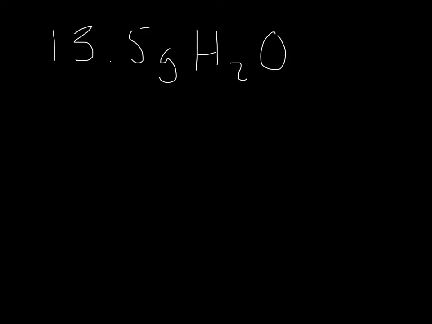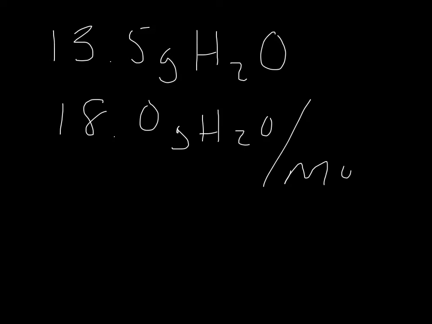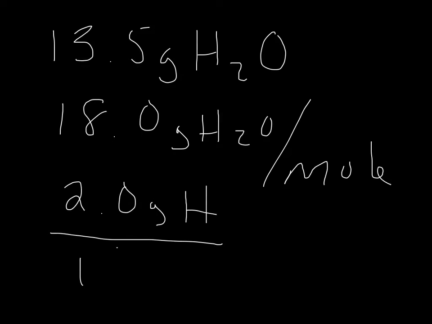We know that the molar mass of water is 18 grams per mole. So of the 18 grams, 2 grams of that is hydrogen per 18 grams. That's the percentage of hydrogen in 1 mole of water.